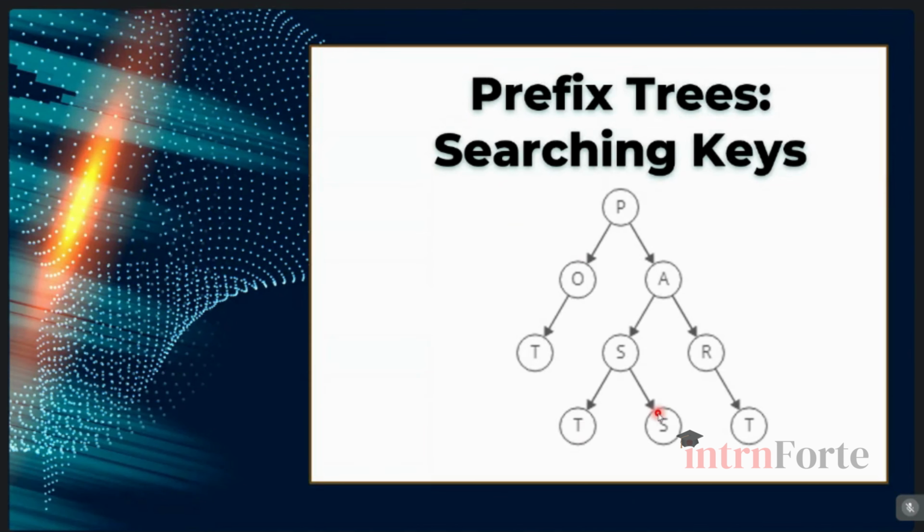Now, what is the advantage of doing this? Of course, we are saving a little bit of space. We're not representing every single letter. If it's common, we are just combining it into a single path in the tree.